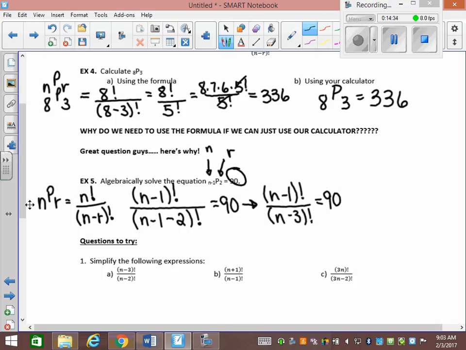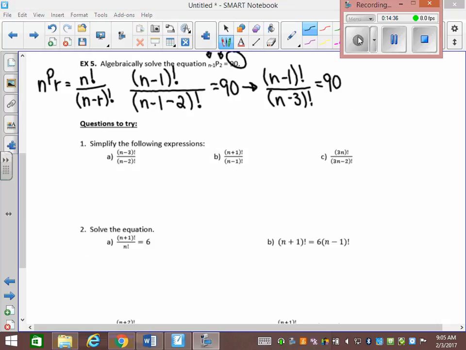You try it out. So when we expand that out, we're going to get n minus 1, n minus 2, n minus 3 factorial over n minus 3 factorial equals 90.